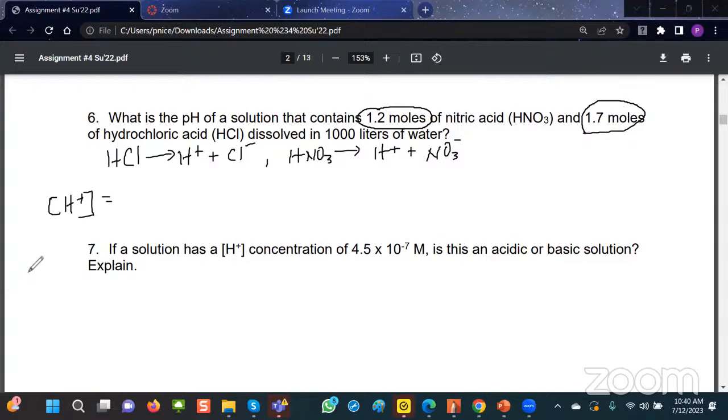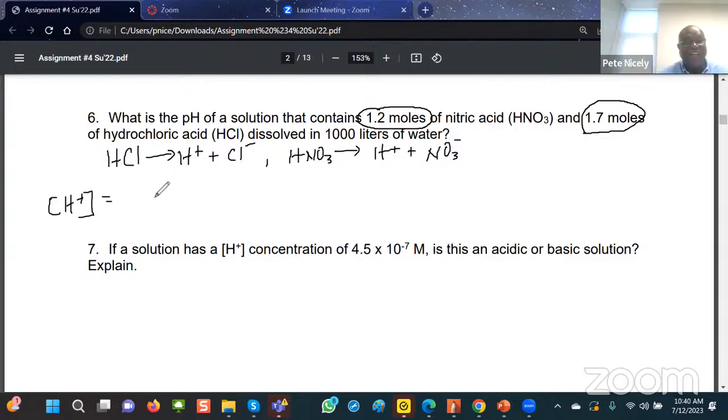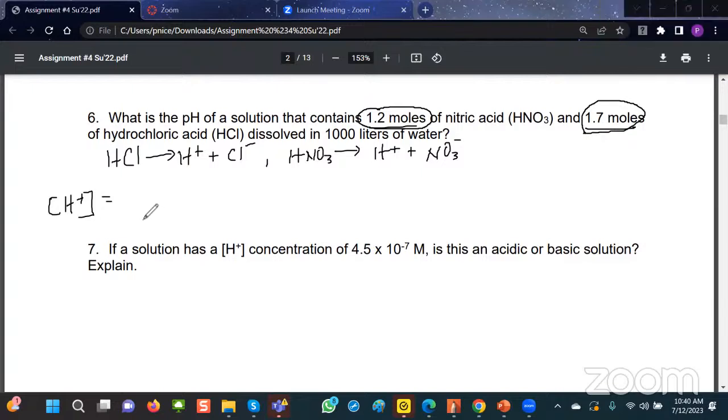Moles divided by liters. Okay, so what would be the mole value that you're going to use? Because they gave you two mole values. They gave you 1.2 and they gave you 1.7. Would you add them together?